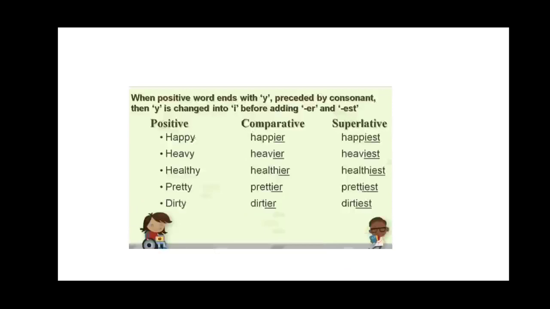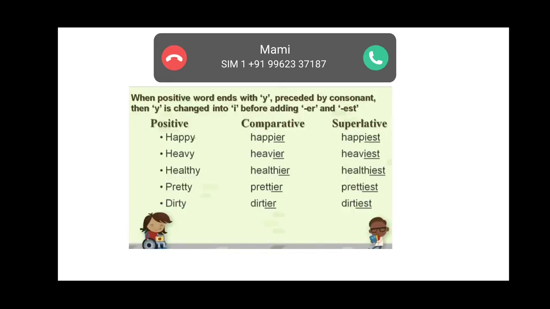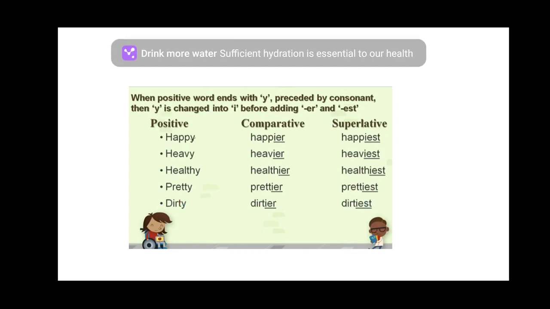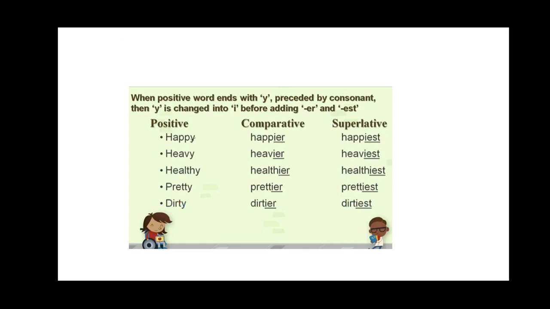Next, when the positive word ends with Y preceded by a consonant, then Y is changed into I before adding ER and EST. Positive degree happy, comparative degree happier, superlative degree happiest. See the first one, happy, that ends with Y, isn't it? For that you should add IER in comparative degree.